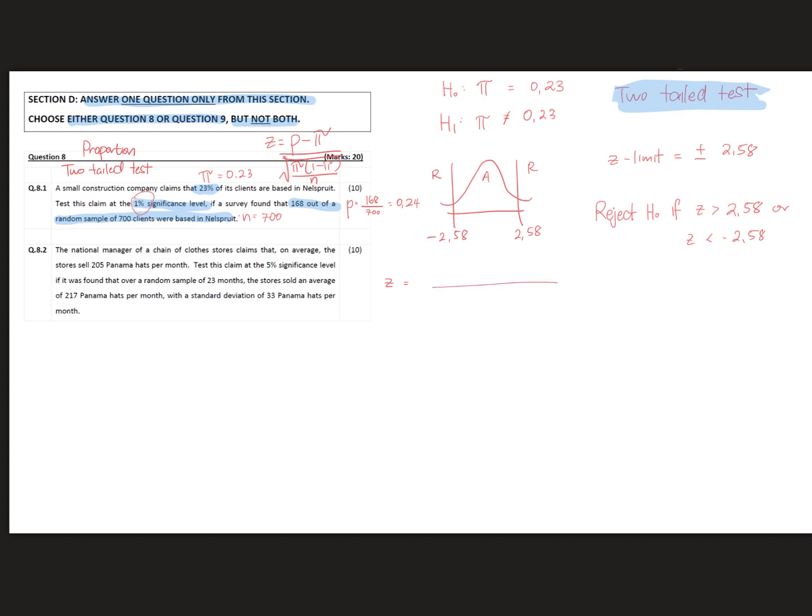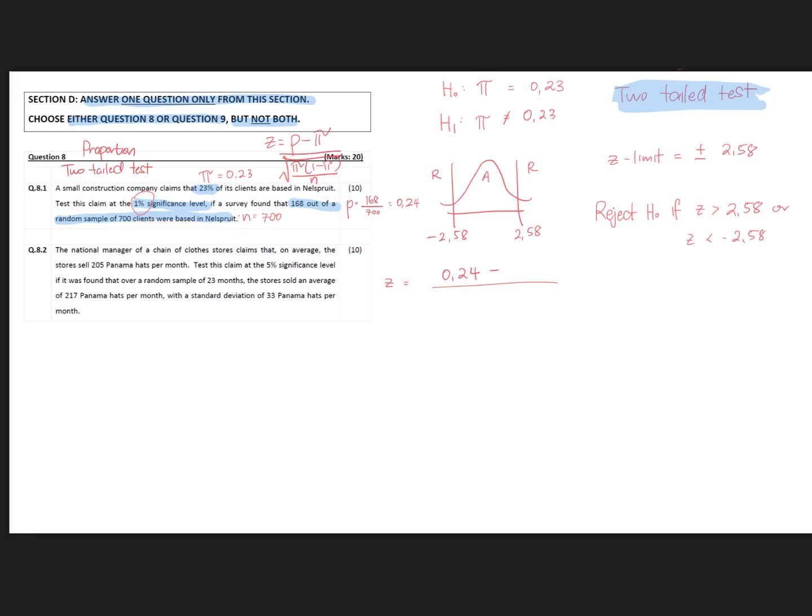So we know that P is the 0.24 that we calculated here. Please remember that you do need to show the working out of P, and there's a mark allocated to that. So it's 0.24 minus pi, which we wrote down here. There was a mark allocated to this in the formula.